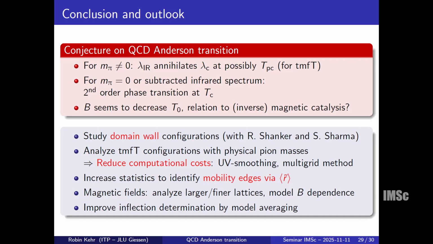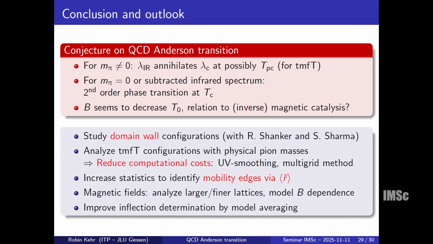But for that we have to increase the statistics, because these low-lying modes are really rare. And as I already mentioned, for magnetic fields, we want to analyze larger and also finer volumes. It's also interesting to try to model the B dependence, how the mobility edge depends on the magnetic field.